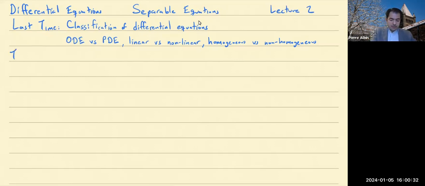This time, we're going to be solving the simplest ordinary differential equations.